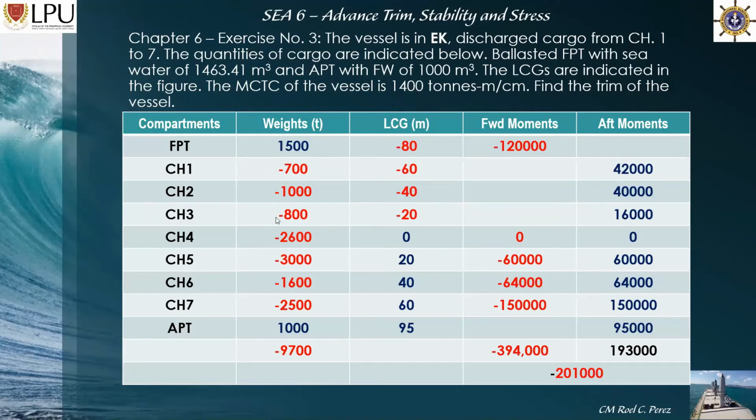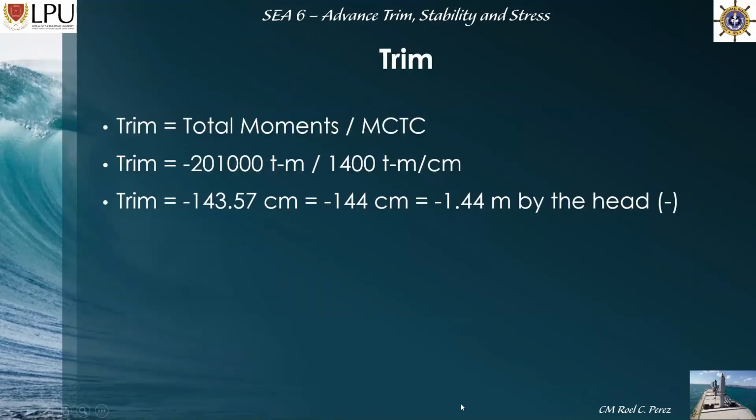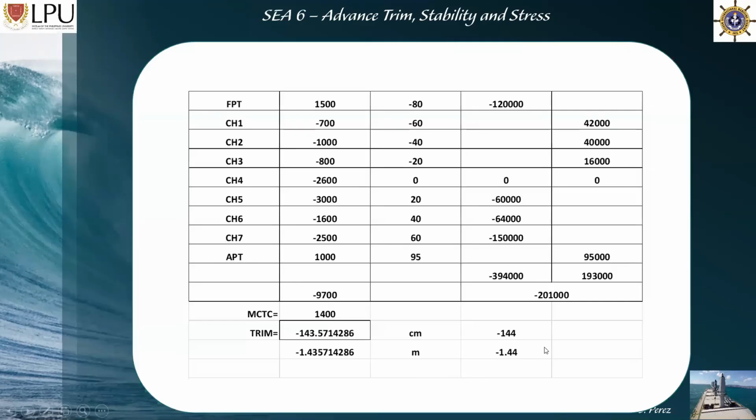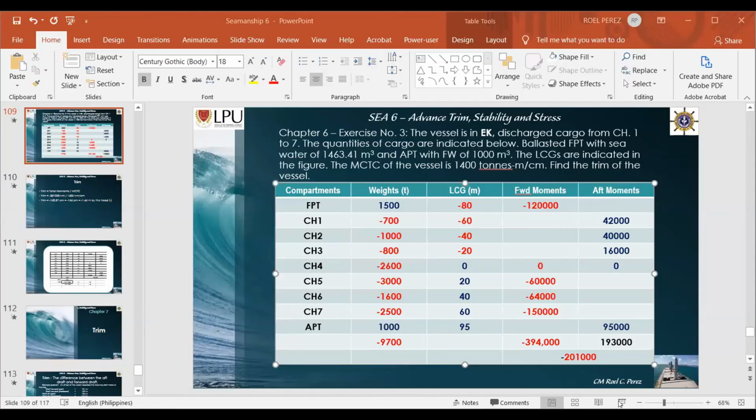So negative times negative is positive. This one is 0 because the LCG is 0. This one is negative, negative, negative, and this one is positive. I didn't erase it, so it is confusing. Wait a moment, it's easy. Okay, I have this. Let me stop for a moment. So, here it is.